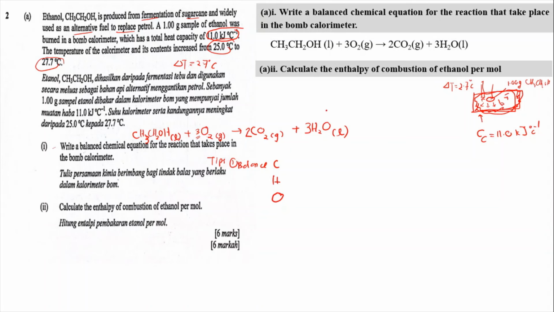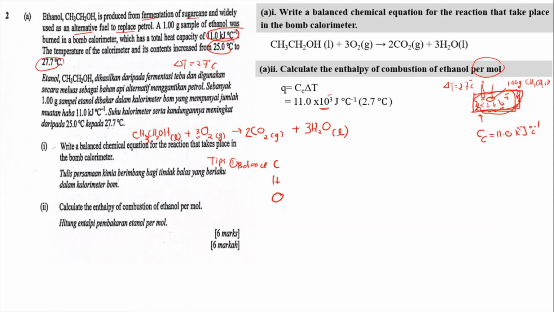Okay, so we have to find the enthalpy of combustion per mole. Okay, so first we need to find our Q first. Okay, so Q is equal to C delta T, because the heat released by the reaction is going to be the heat absorbed by the calorimeter. Tiada air kan, jadi dia hanya melibatkan calorimeter. C multiplied by delta T. So our C here refers to 11 times 10 to the power of 3.